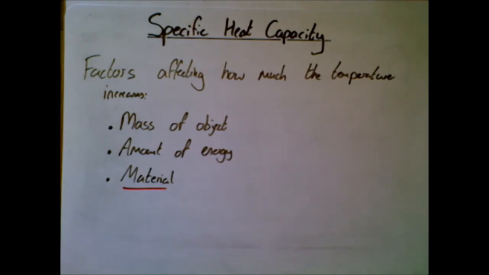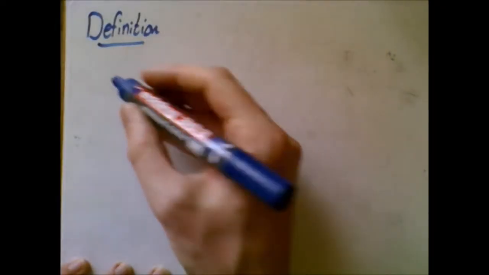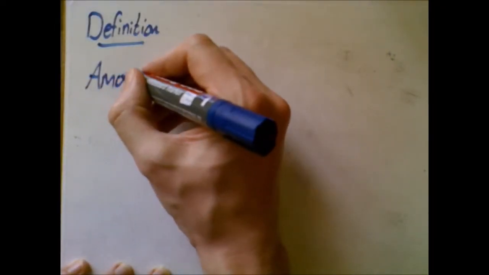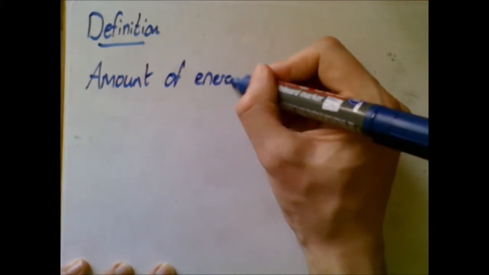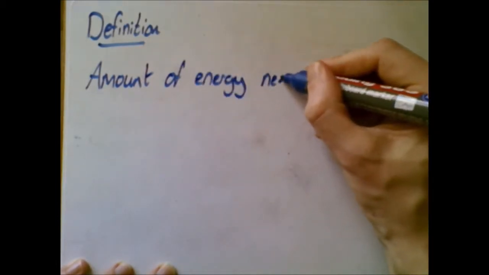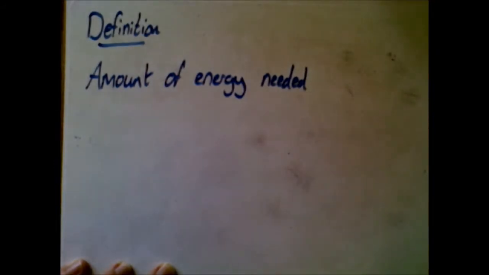So let's then have a look at the actual definition for specific heat capacity. Okay, so our definition for specific heat capacity is the following. It is the amount of energy needed. You definitely need to get this written down somewhere. This is a really important definition that comes up a lot in exams.